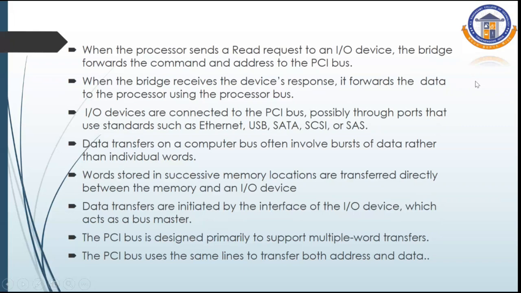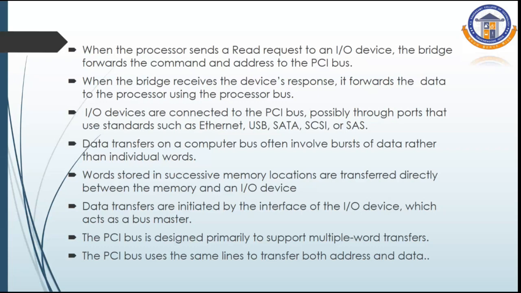So here is the actual process. When the processor sends a read request to an I/O device, the bridge forwards the command and address to the PCI bus. The processor wants to make a read request, that is, it wants to fetch the data from the I/O device. It will send a request to the bridge. The bridge just forwards that command. A command in the sense a read or write command.